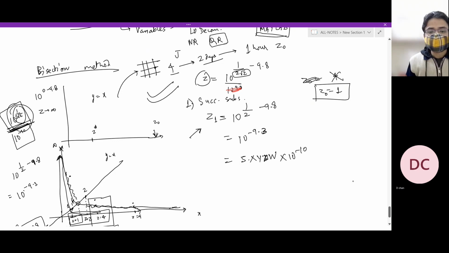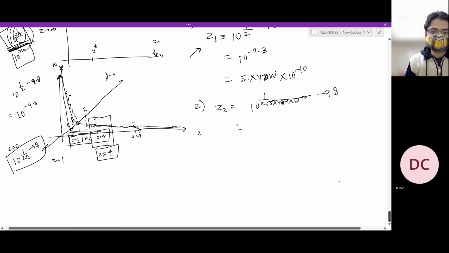This was the value, right? Yes. The next time you write z2 equals 10 power 1 over 2 by root of 5.xyw, not z again, we're habituated to z, minus 9.8.